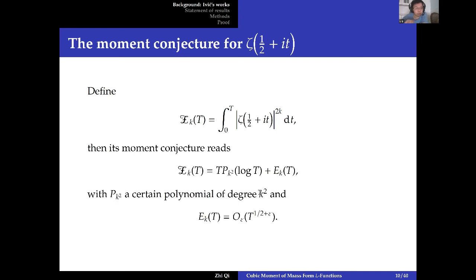And the moment conjecture would read like this. So the main term will be capital T times some degree k squared polynomial of log T, and plus the error term of size square root of T. This is the moment conjecture for the Riemann zeta function.